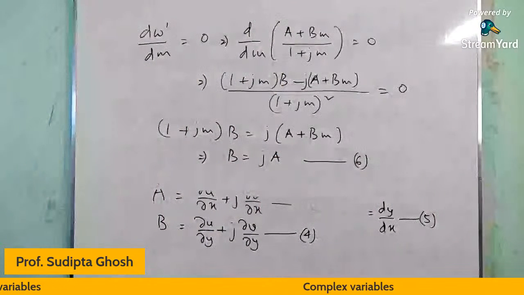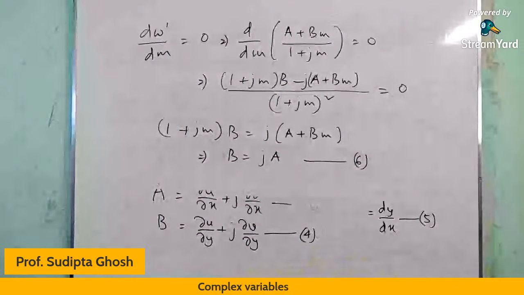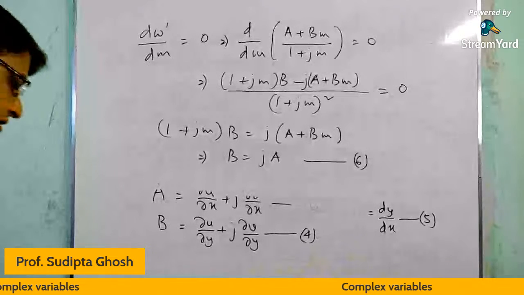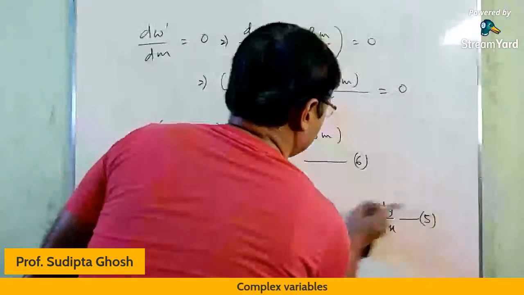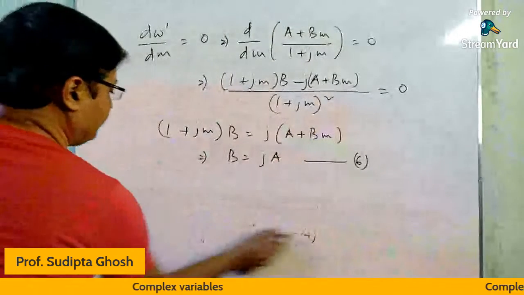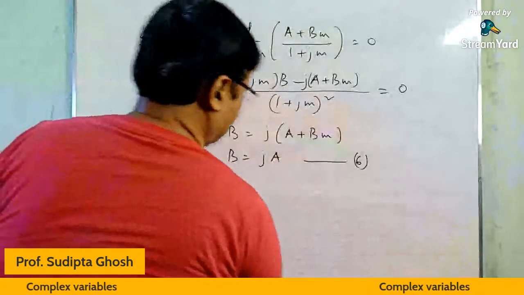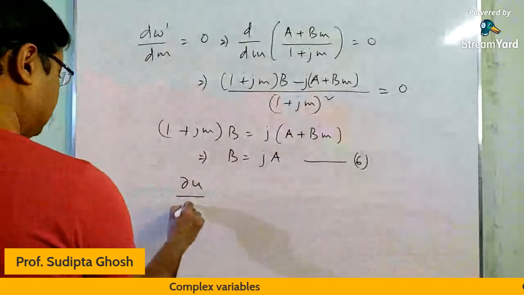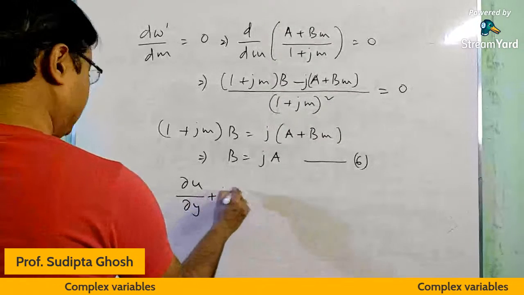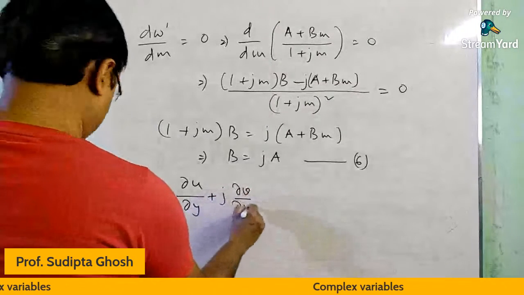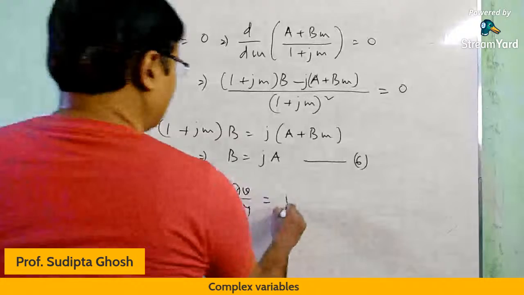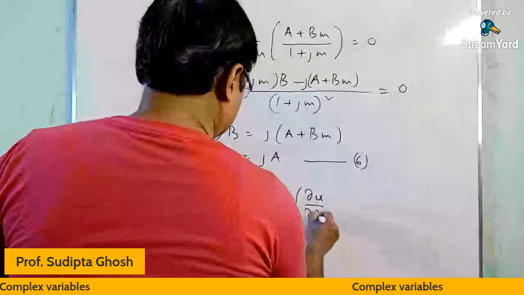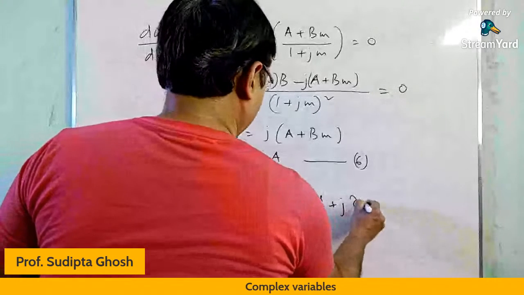Now putting the values of a and b from equations 3 and 4 in equation 6, we get del u/del y plus j del v/del y, that is the value of b, equals j into a, meaning del u/del x plus j del v/del x.